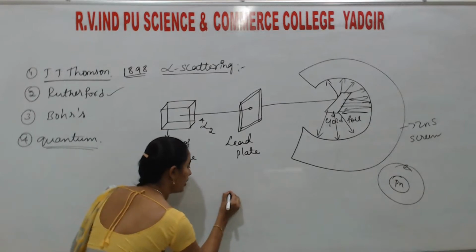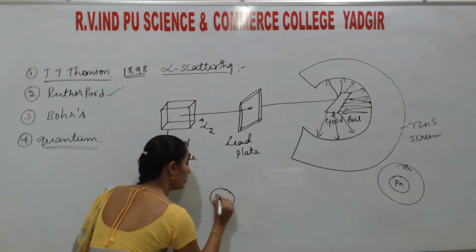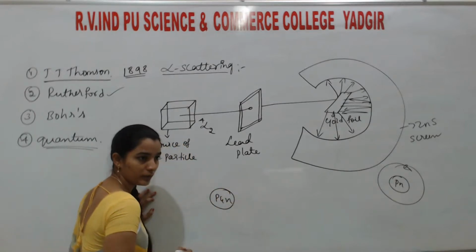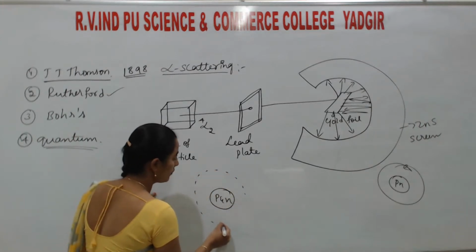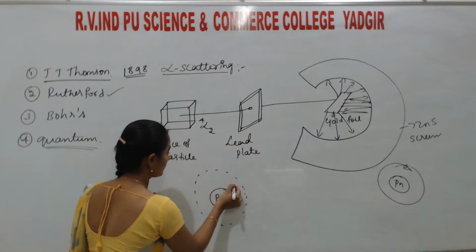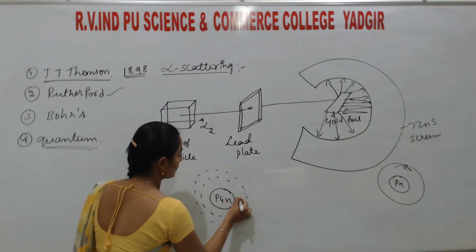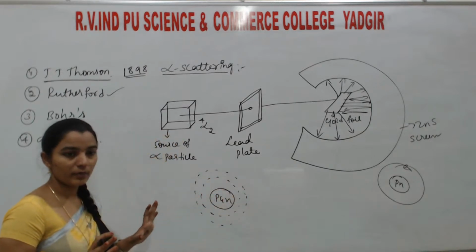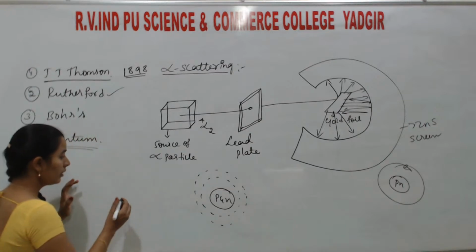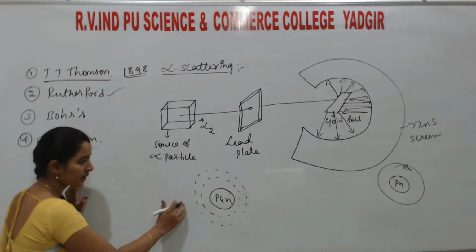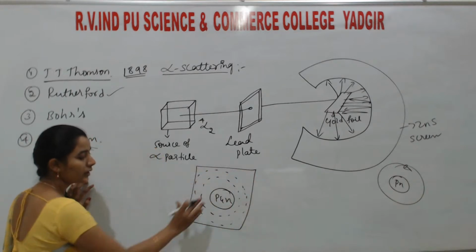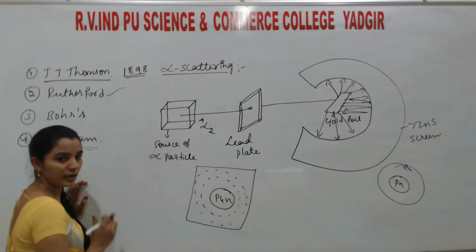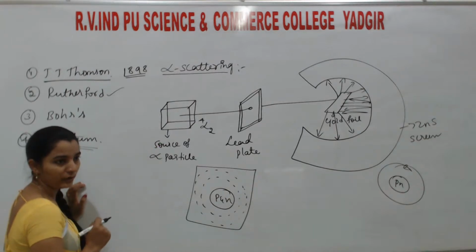This is the nucleus of protons and neutrons of gold, and these are electrons revolving around it. So this is the atomic model. Here the alpha rays are scattering on the gold foil, in which the electrons revolve around the nucleus.